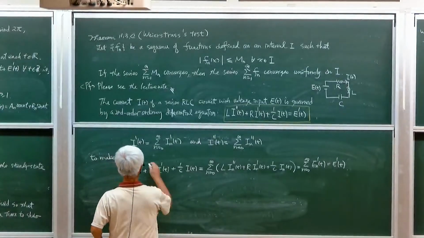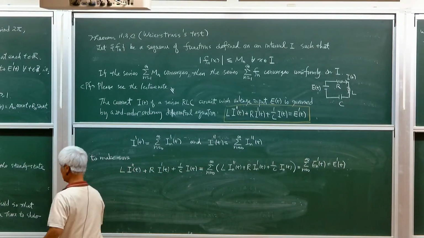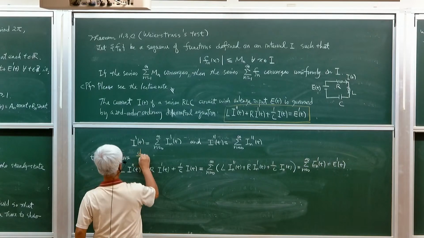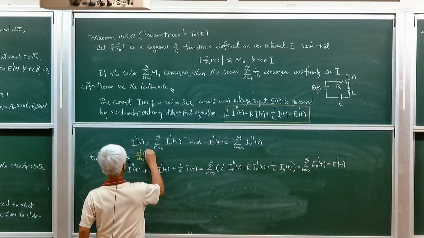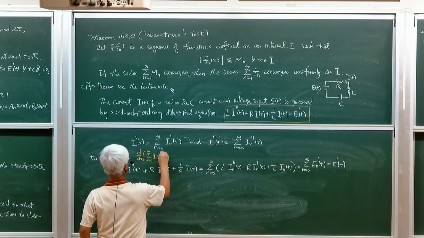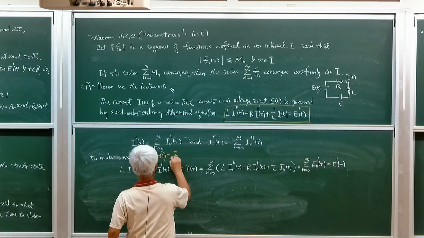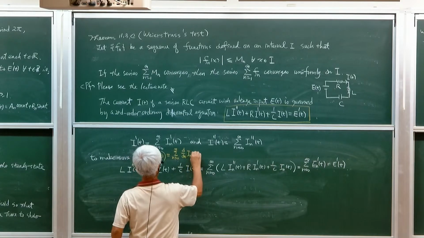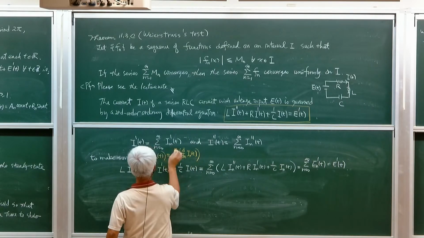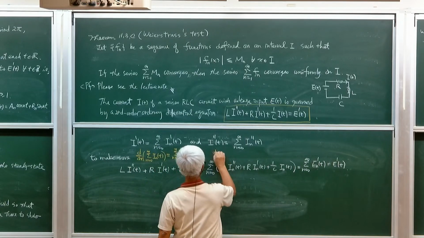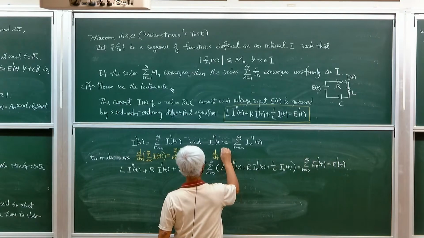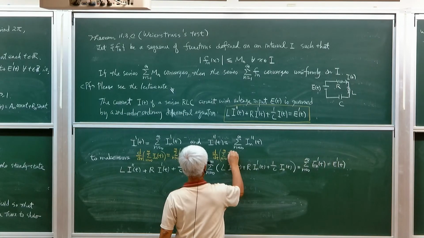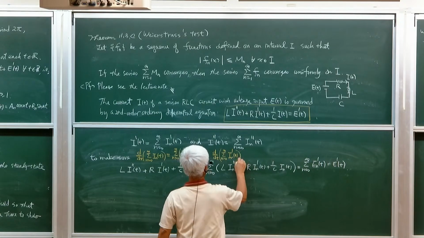That means that d dt of the series sum is equal to the series sum of the derivatives, and here is d dt again of the series sum prime of t.